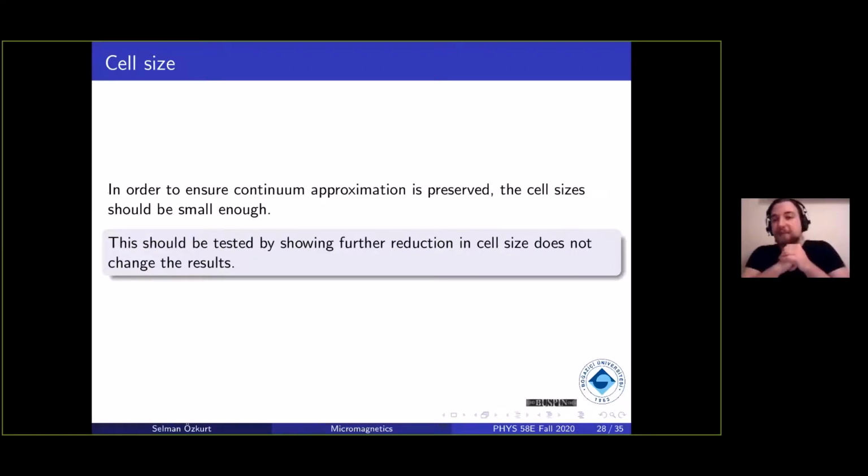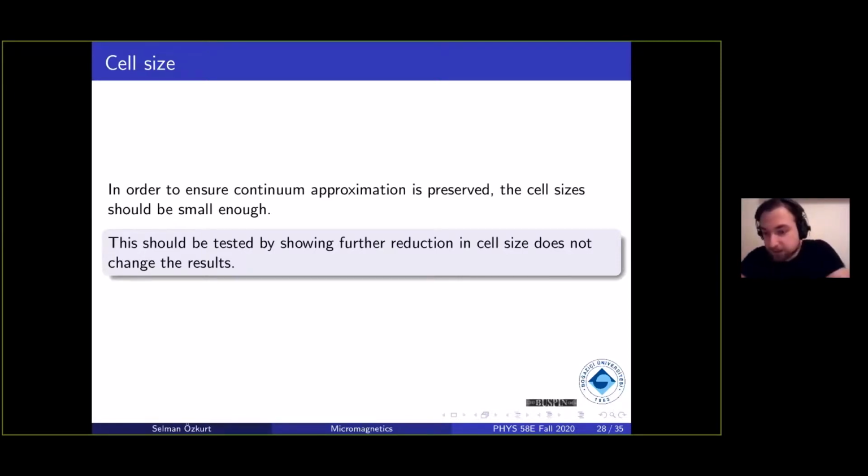Now, the determination of the cell size is a great issue here. And the key is that we want to ensure the continuum approximation still holds, which means that we have enough cells to predict the magnetic domains, such that the magnetic domains do not look distorted and they are moving in a continuous manner.